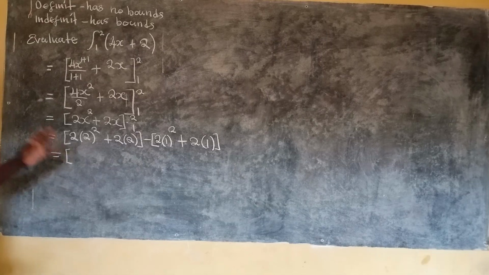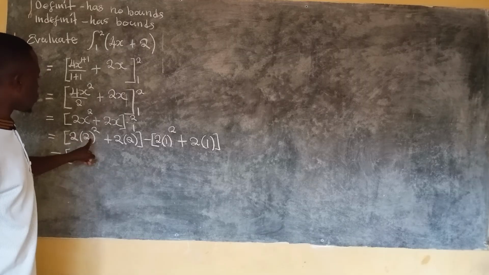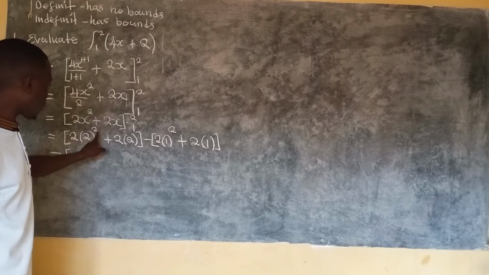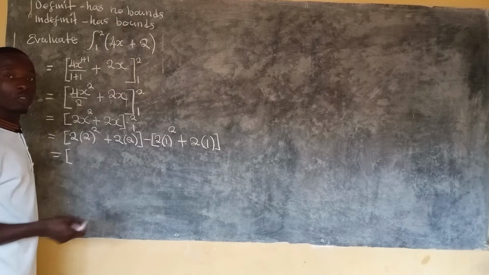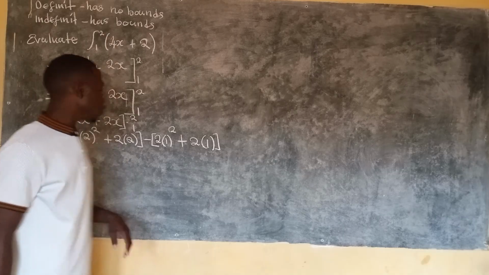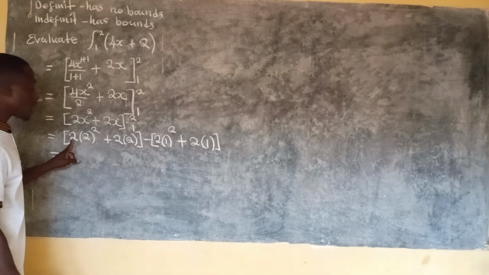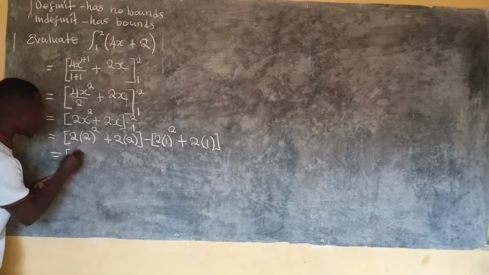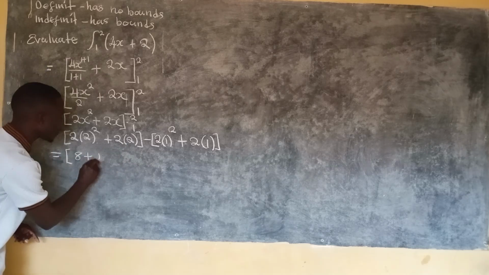Now, for you to get the correct answers, you start with those in brackets and square them, or perhaps it's the power, make sure you find that power. Now, what is 2 squared? 2 times 2 gives us 4. That answer 4 multiplied by 2 gives us 8, plus 2 by 2, which gives us 4.